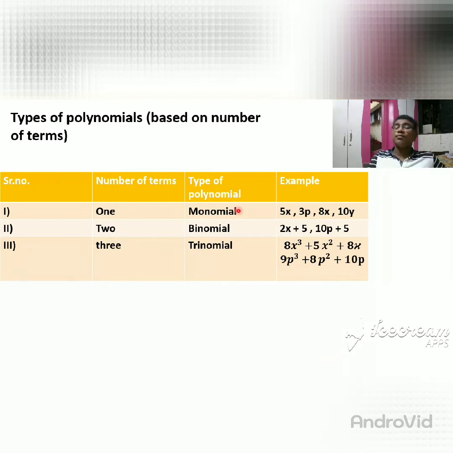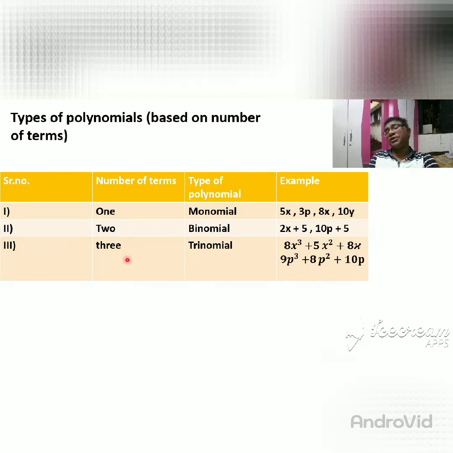Binomials mean they have two terms, such as 2x plus 5 and 10p plus 5.